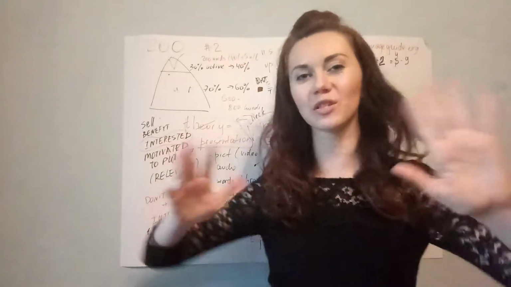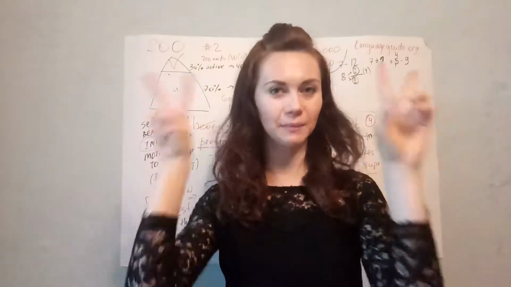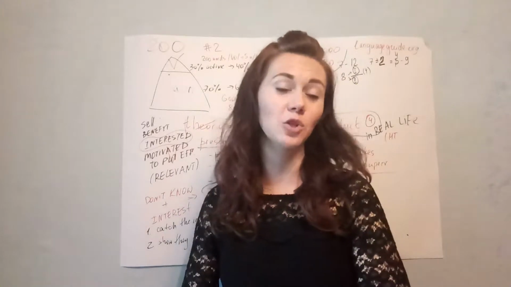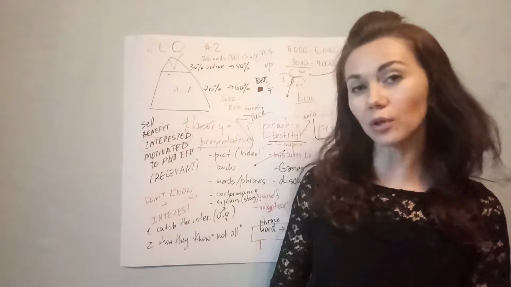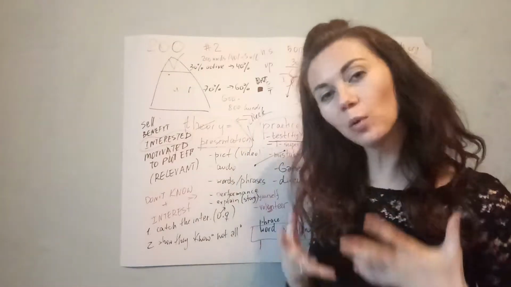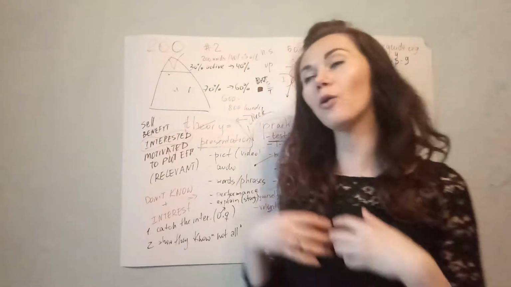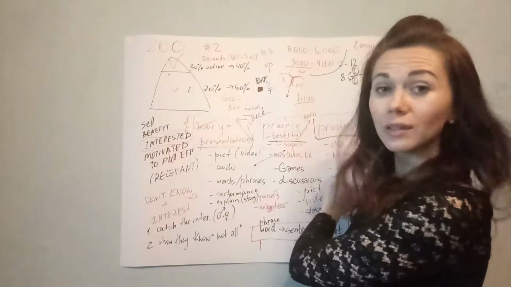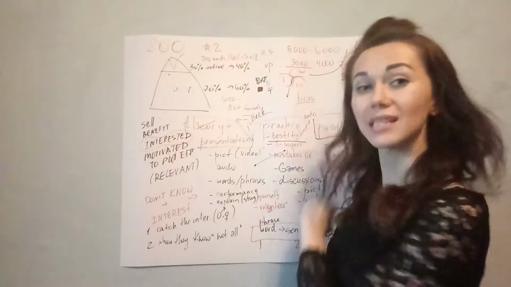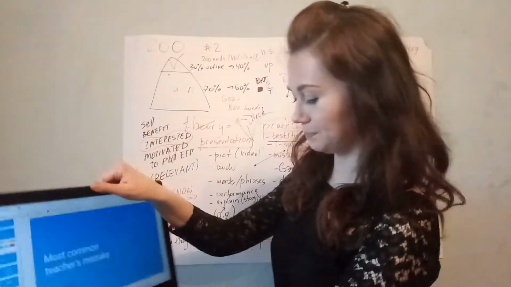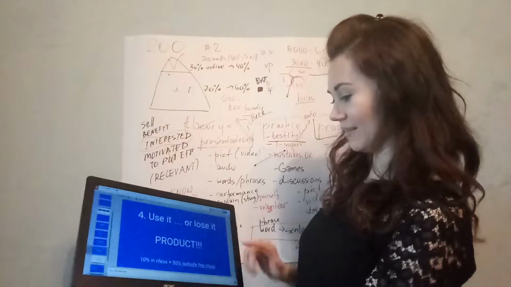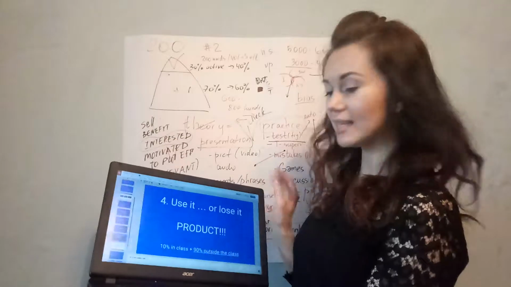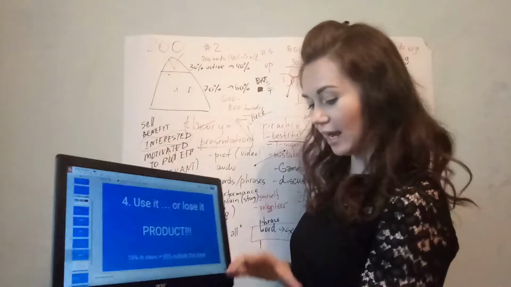All that you can do is to build this framework, to give them the technical task and check it afterwards. But remember that creating a product, extracting that material out of the level of practice, is not your work. Only 10% is in class, 90% is outside the class.